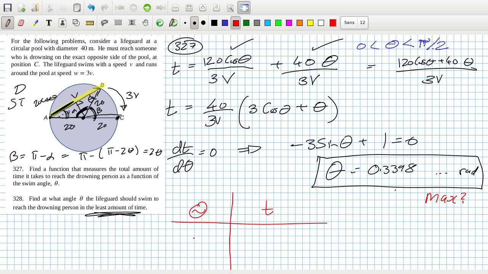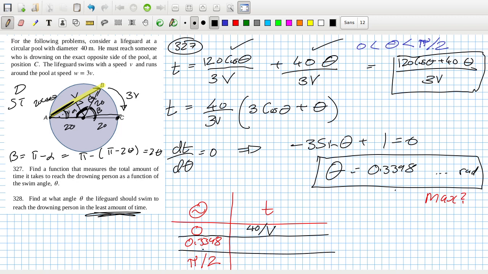We have three situations: 0, 0.3398, and pi over 2. Okay, so if we put in 0, cos of 0 is 1. That's gone, and that's 1. So that's 120 over 3v. So that's 40 over v.